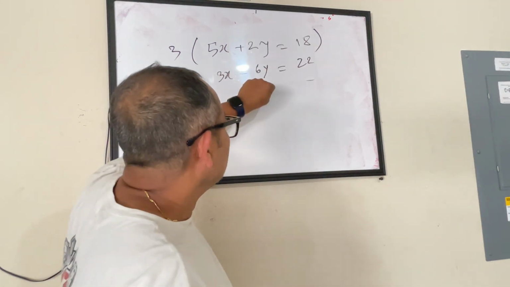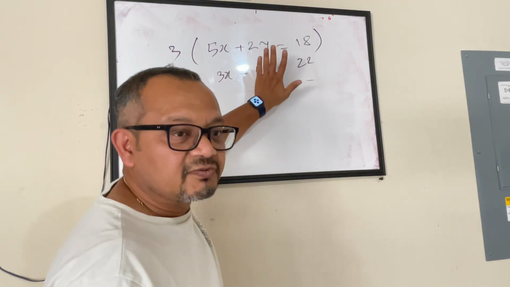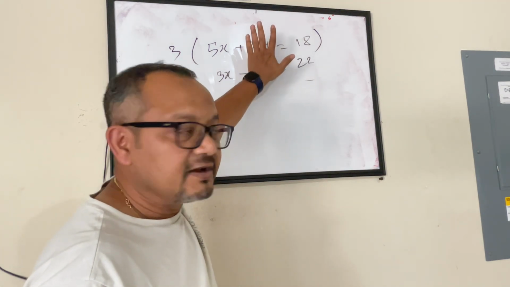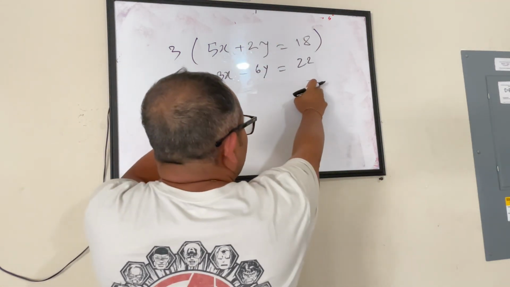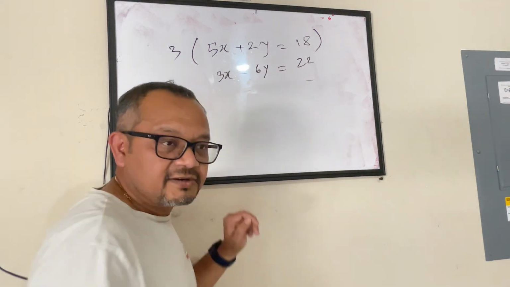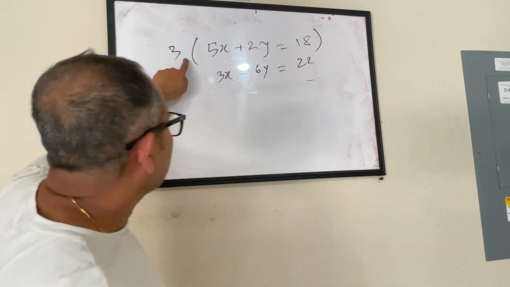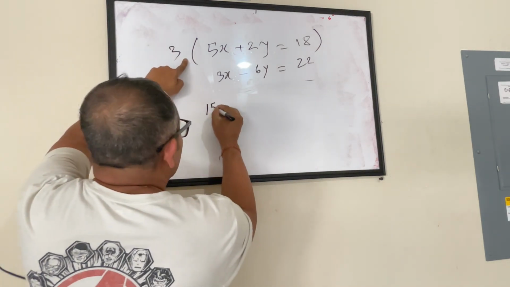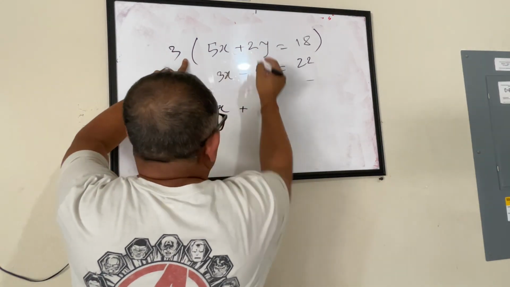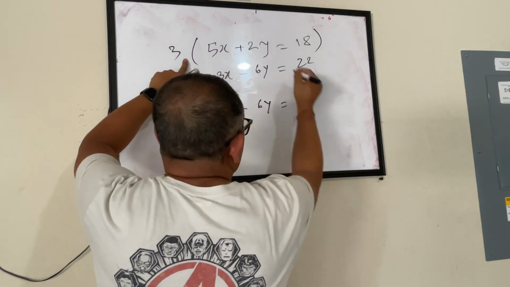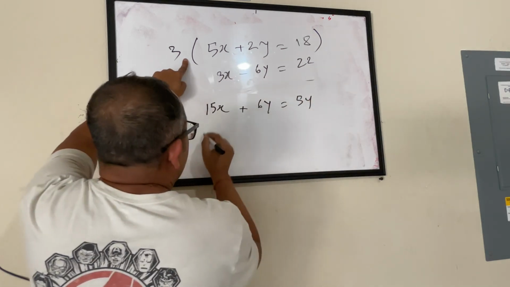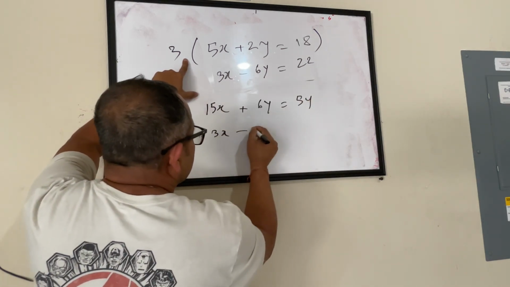When I add them together, plus 6y and minus 6y nullify each other, and I'll be left with an equation which has only x and a constant. So now if I multiply this by 3, this becomes 15x plus 3 into 2, 6y, equals 18 times 3, 54. And this equation remains as is. We did not touch this step.